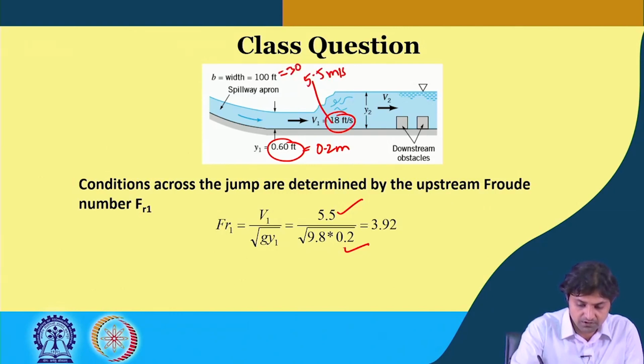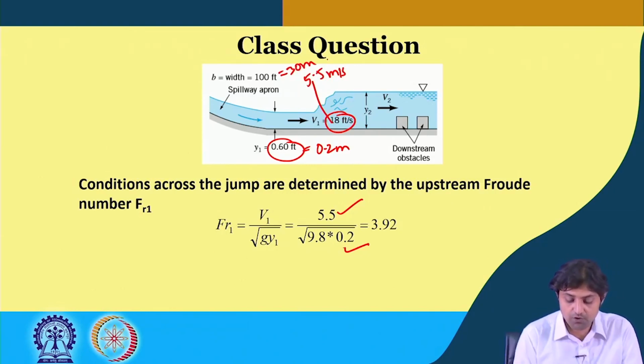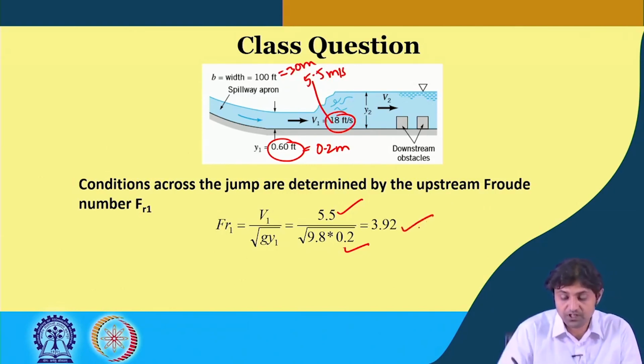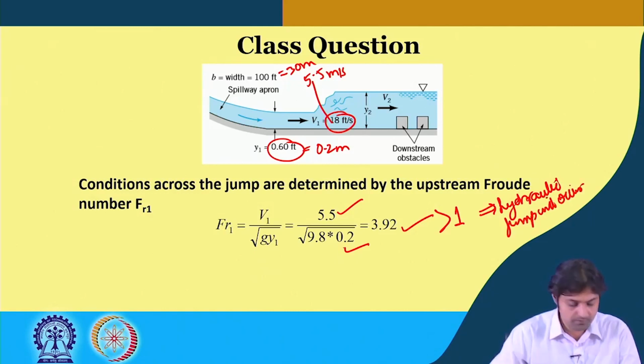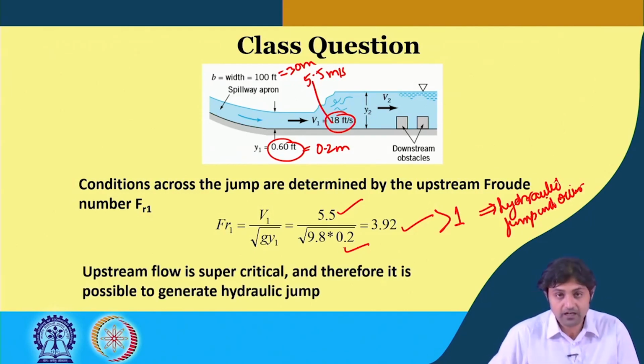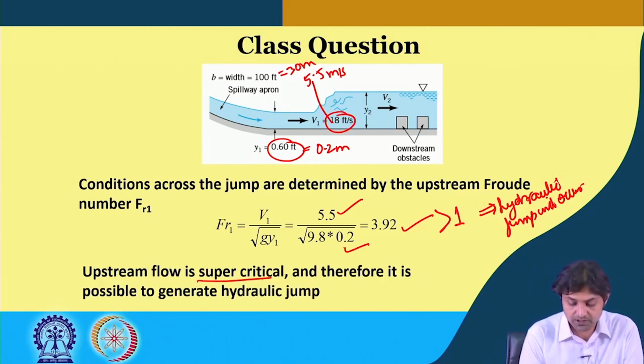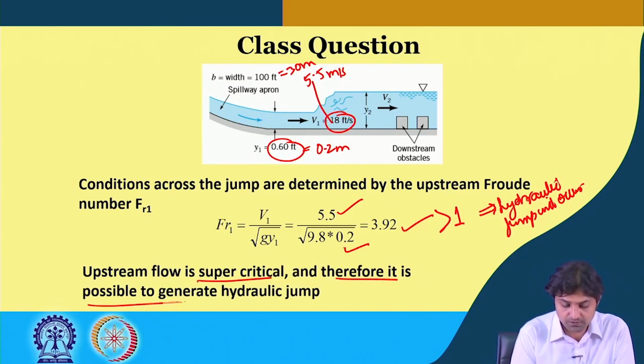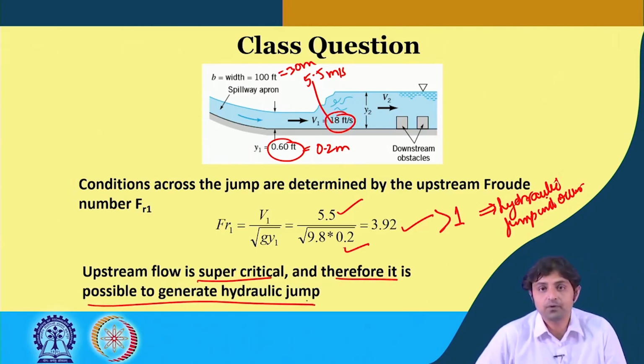So, the Froude number 1 comes out to be 3.92, and this is greater than 1, which means a hydraulic jump will occur. As I said, the upstream flow is supercritical and therefore it is possible to generate a hydraulic jump.